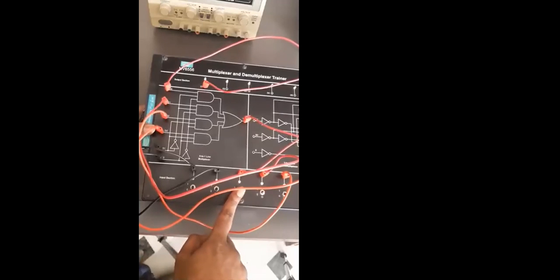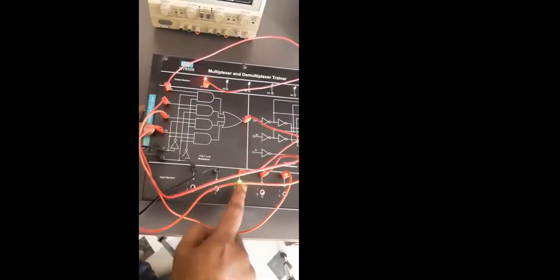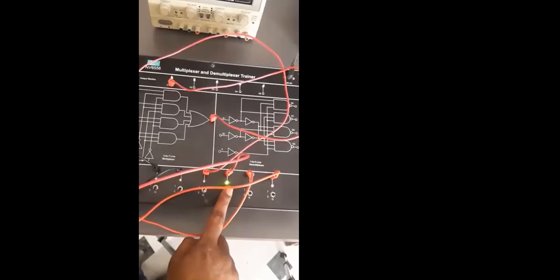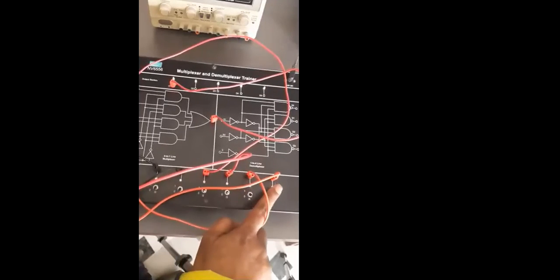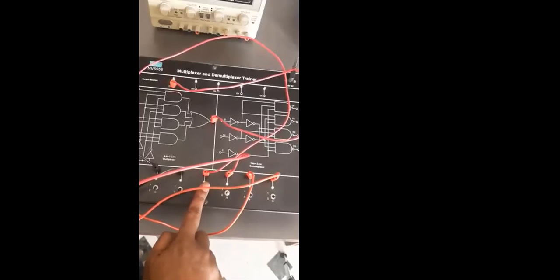Now only if I put 1 here, that LED will glow. If I put 0 over here, that will not glow. And the other inputs will not work at this time, because only that input is selected.